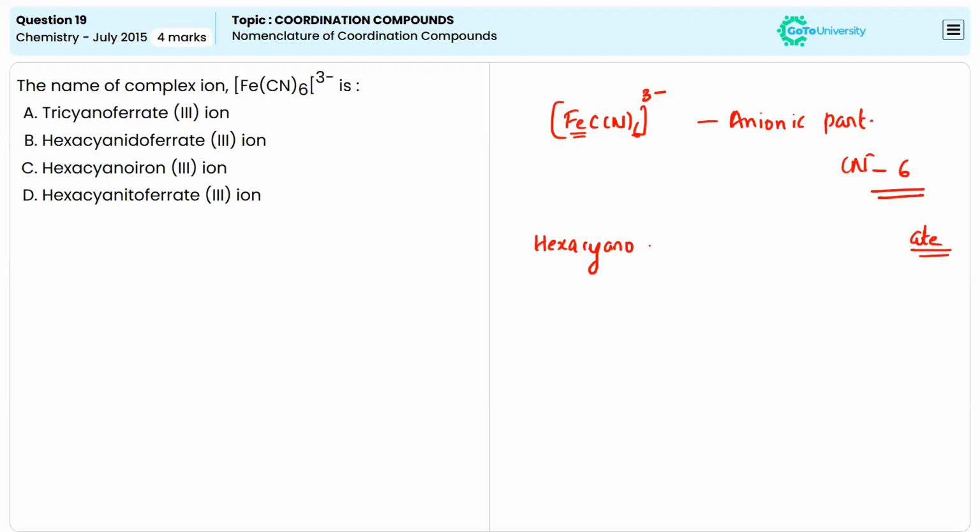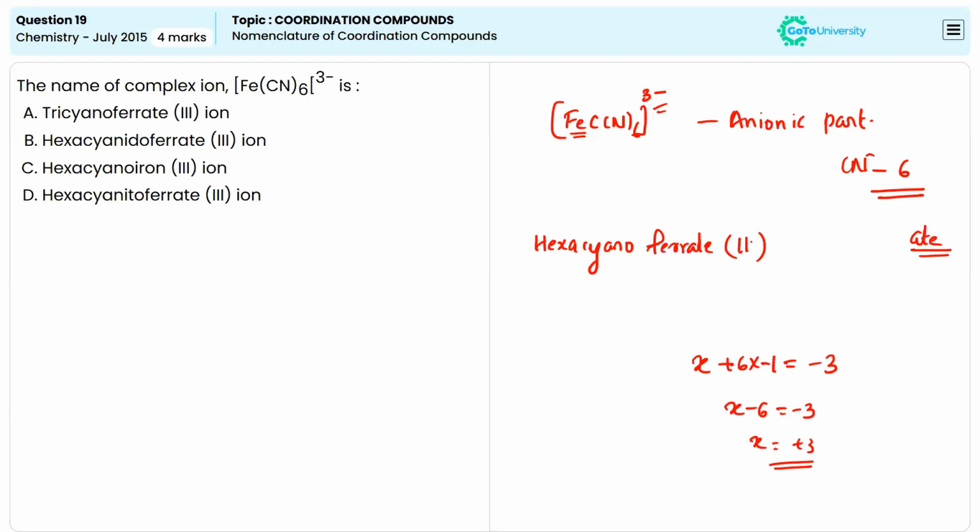So it will be hexacyanoferrate. Now we have to find the oxidation number. The oxidation number of iron can be taken as X, and CN- has a charge of minus 1. So X plus 6 times minus 1 is equal to the charge of the complex, that is minus 3. Then X minus 6 is equal to minus 3, so X is equal to plus 3.